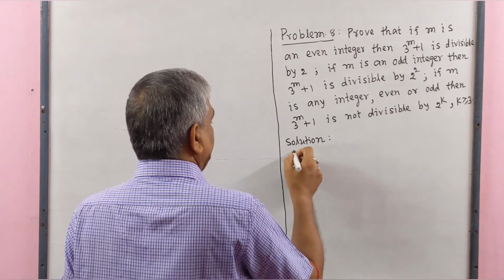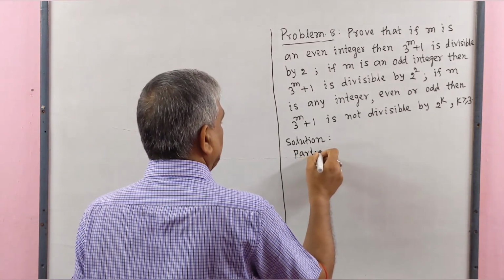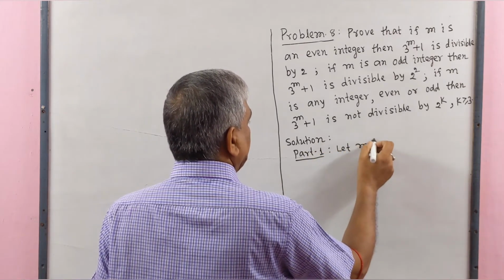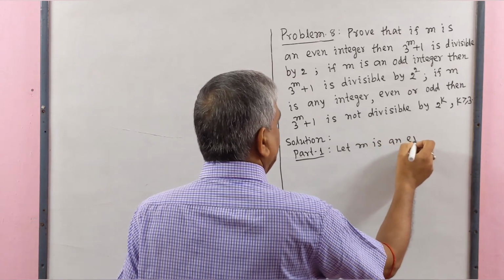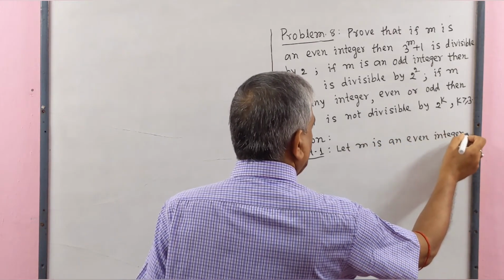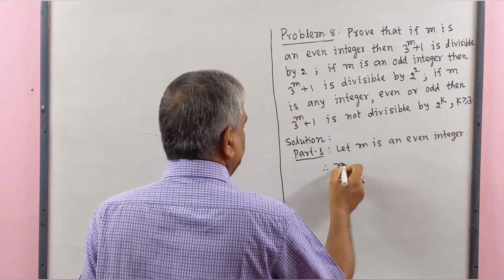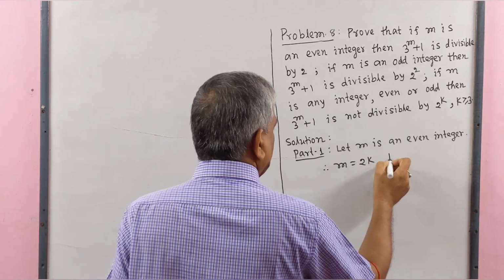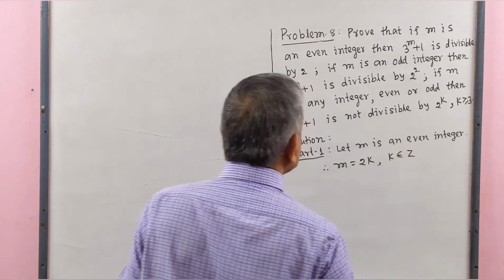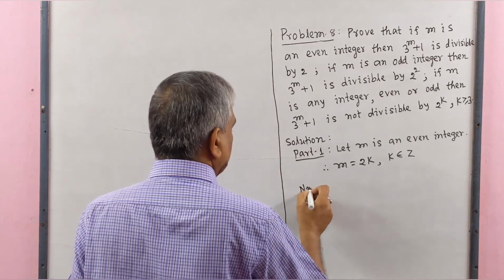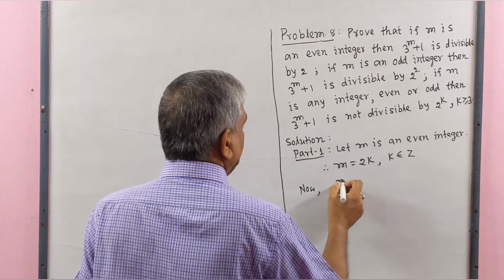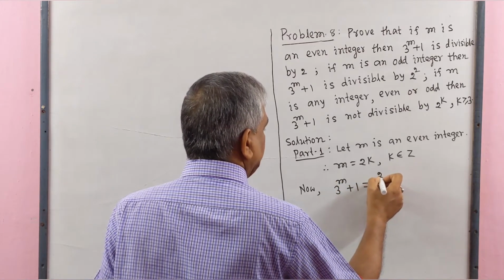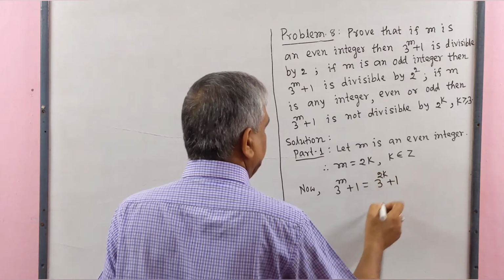Now, part 1. Let m be an even integer. Therefore, m will be of the form m equal to 2k, k belongs to Z. Now, 3 to the power m plus 1 equal to 3 to the power, in place of m we write 2k, plus 1.